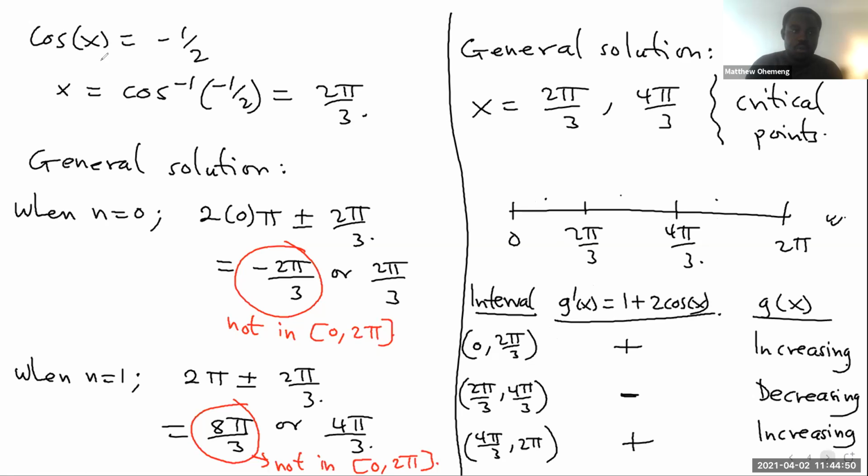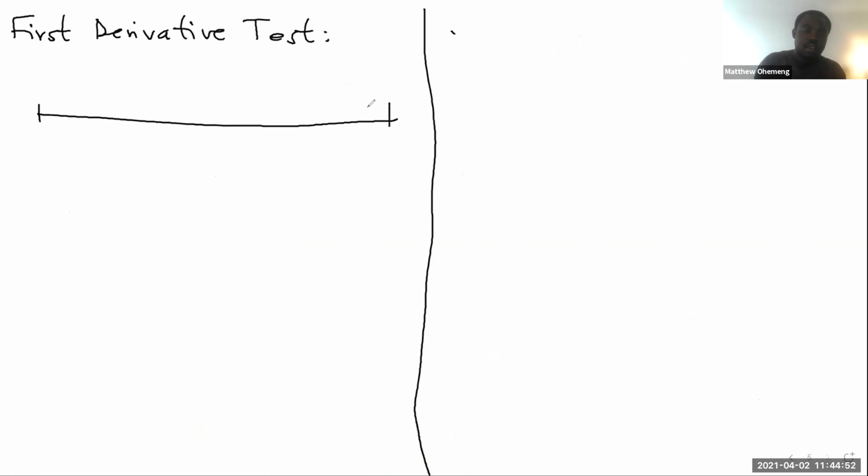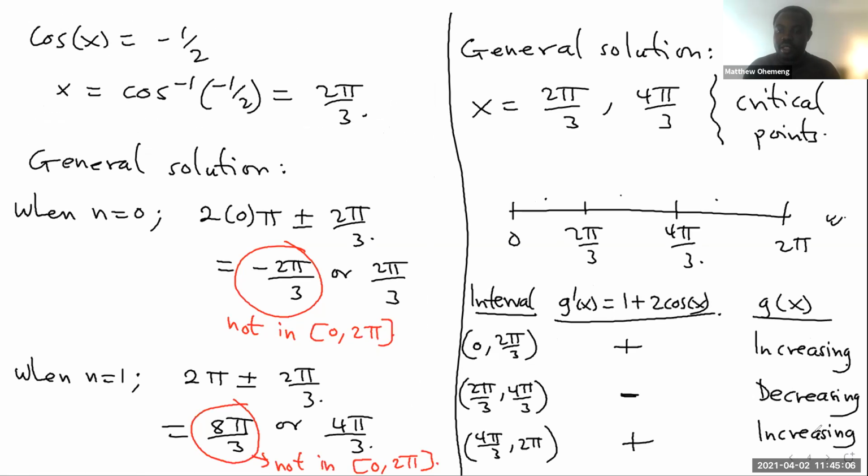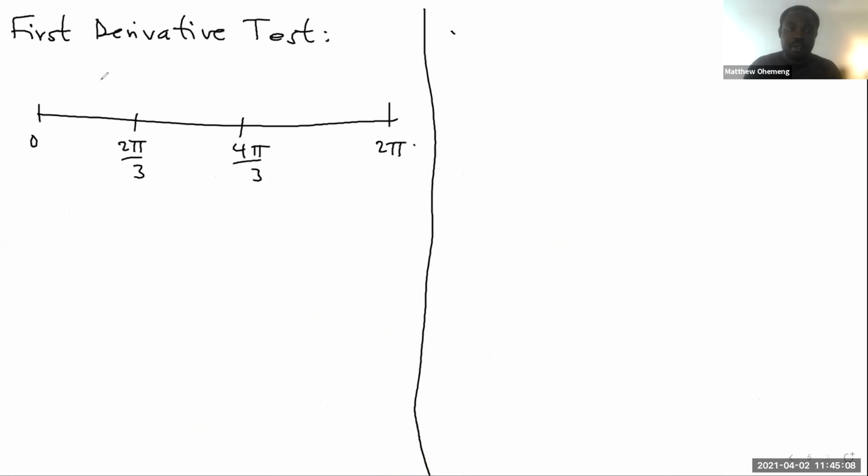So that one is 0. Just bring it here. So you have 0, and then we have 2 pi on 3, we have 4 pi on 3, and we have 2 pi. For each interval, just check whether it's increasing or decreasing, and you use arrows to indicate that. So here it's increasing, decreasing, increasing.